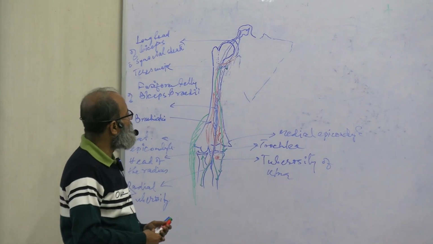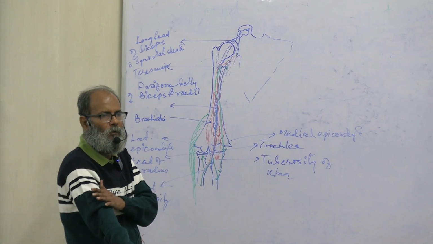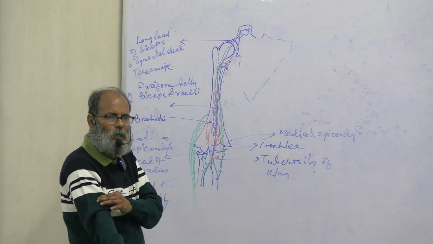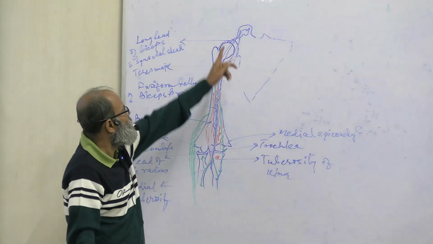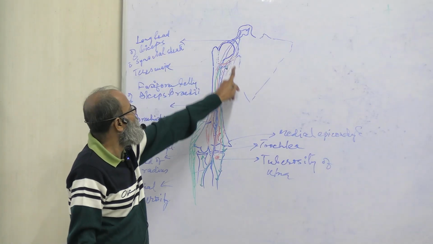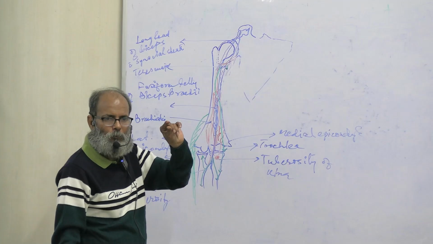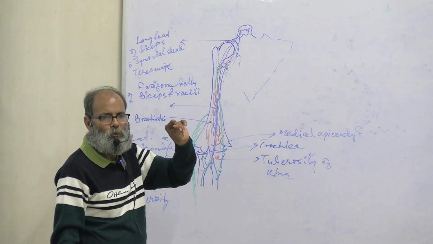Now, the brachial artery. First try to understand the muscle plane, right? This is your biceps brachii. It has two heads. That is the long head that is coming from the supraglenoid tubercle, and the short head has a conjoint origin with coracobrachialis at the tip of the coracoid process.